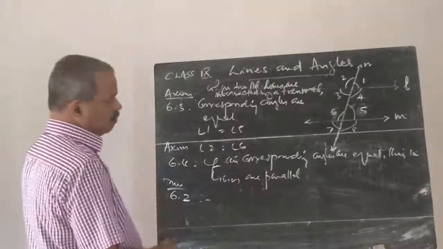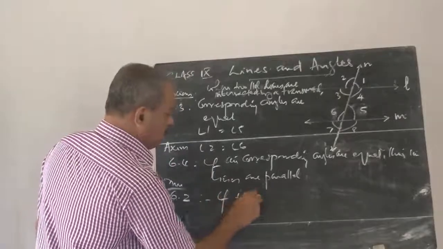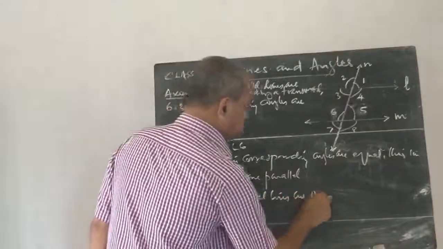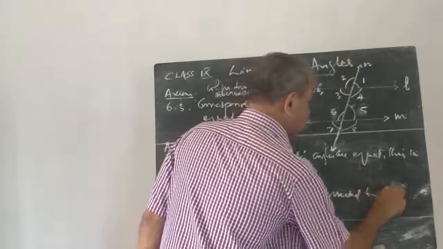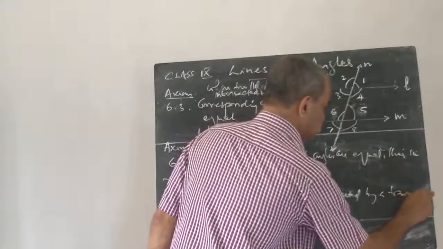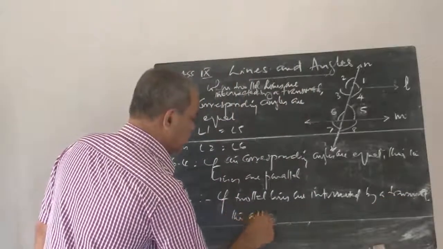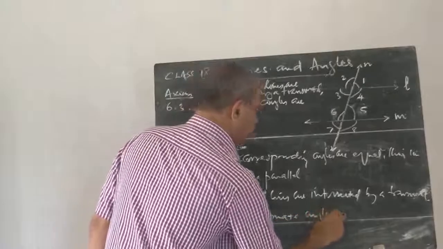Theorem 6.2: if two parallel lines are intersected by a transversal, the alternate angles are equal.